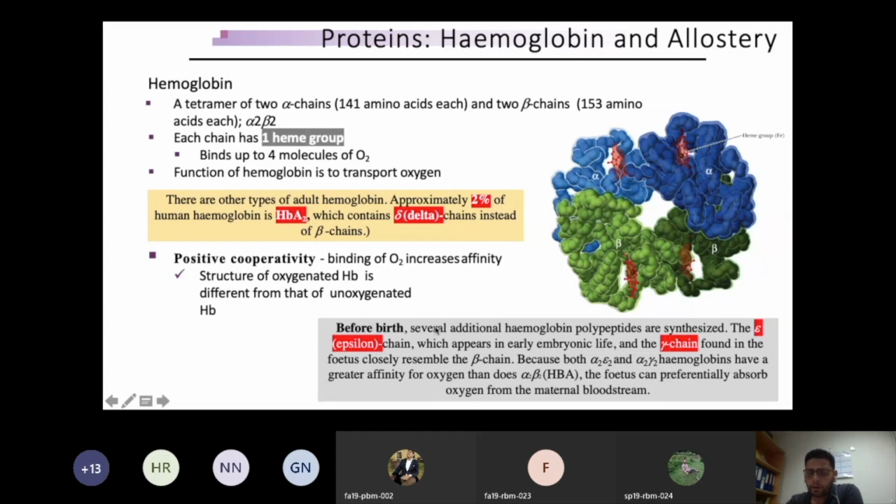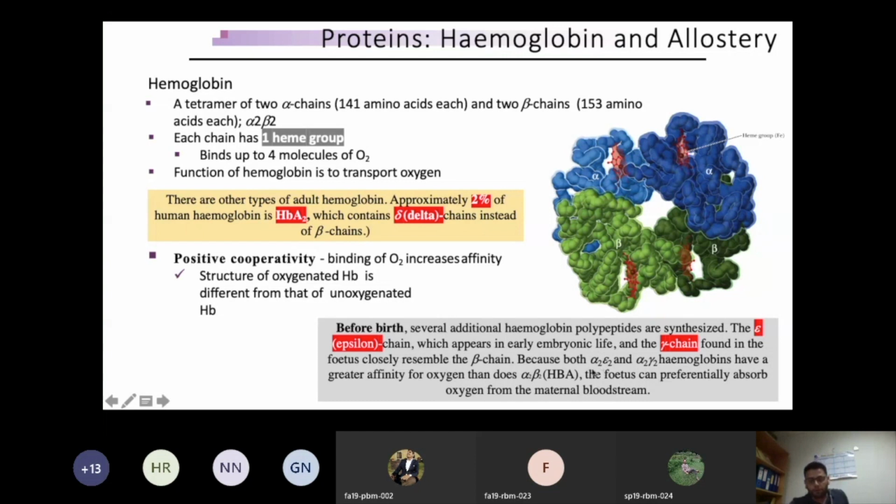There are other hemoglobin molecules which are present before birth and soon after birth. So these are two different types of hemoglobin. For example, one is the epsilon chain containing hemoglobin which is present in embryonic life, and there is another one which has the gamma chain unit, which somewhat resembles the beta chain, but is different from the beta chain.